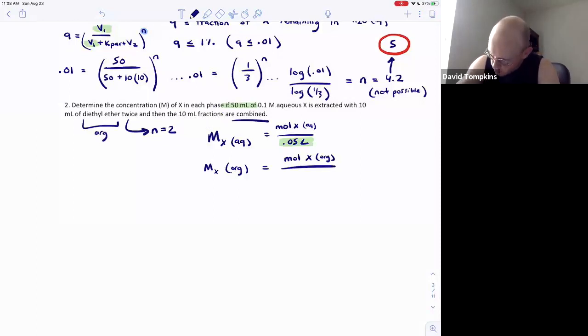So this is going to be 0.01 liters the first time, and then we're going to combine it with the other 0.01 liter, or 10 mil, fraction. So the final molarity of X in the organic phase is going to be the moles of X in the organic phase over 0.02 liters.